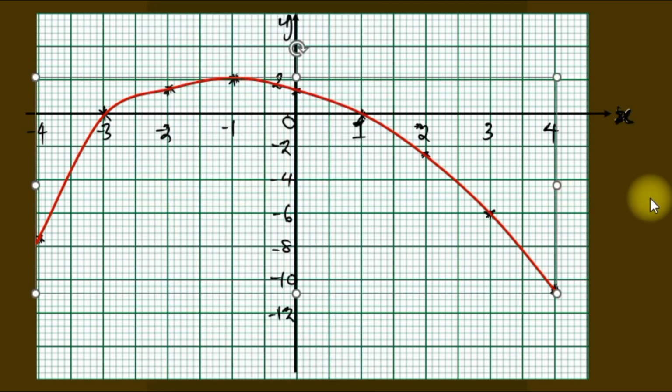Okay. So this is now y equals what? So the graph is y equals minus half (x plus 3)(x minus 1).